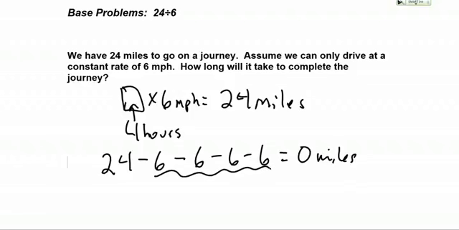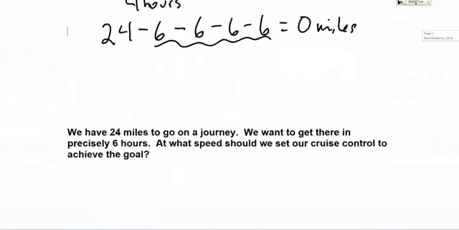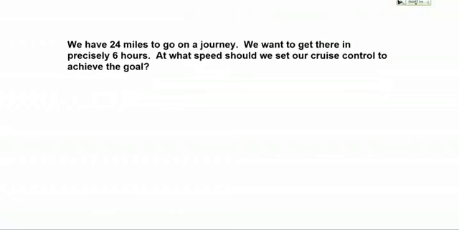Another way to look at division that we'll be working with is to switch what the 6 means. In this case, we have 24 miles to go on a journey again, but now we're setting what our time has to be. We want to get there in precisely 6 hours, and now we're asking at what speed we should set our cruise control to achieve the goal. Cruise control meaning we're going to be going at a constant rate for the entire journey.